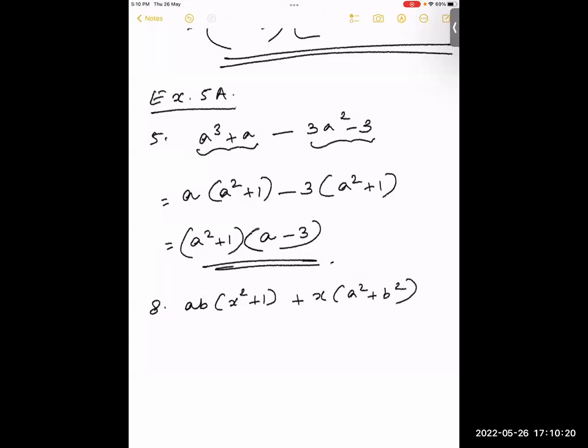That is actually the 9th question, not the 8th question. Do that. When you don't see anything common, just go and expand and then go for the grouping.